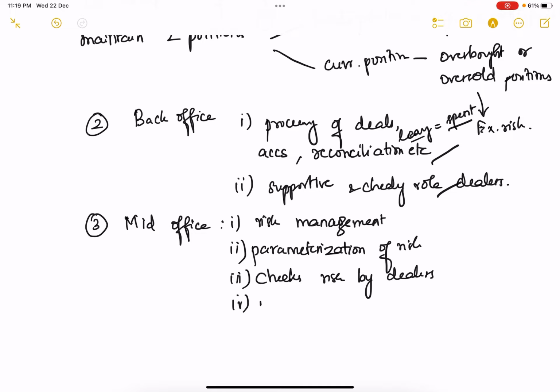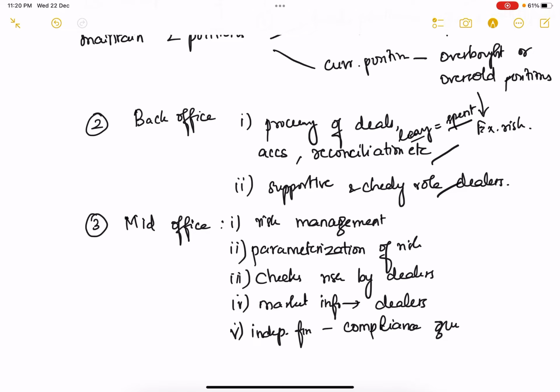It also gives market information to the dealers, and this mid office acts as an independent function looking after compliance with various guidelines and instructions. So these five are the functions of a mid office.